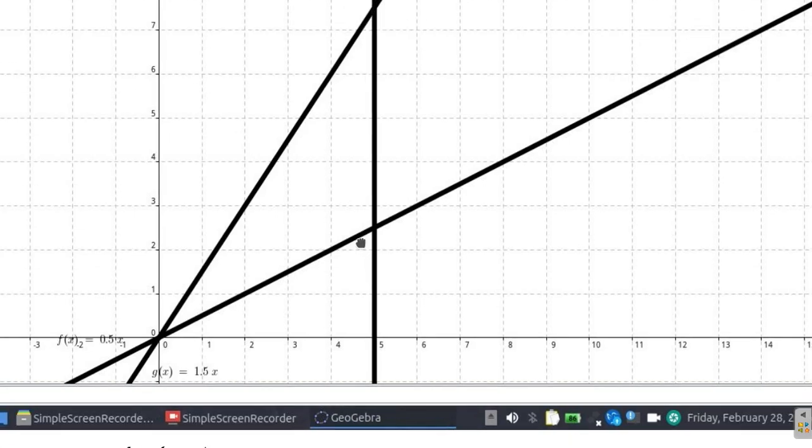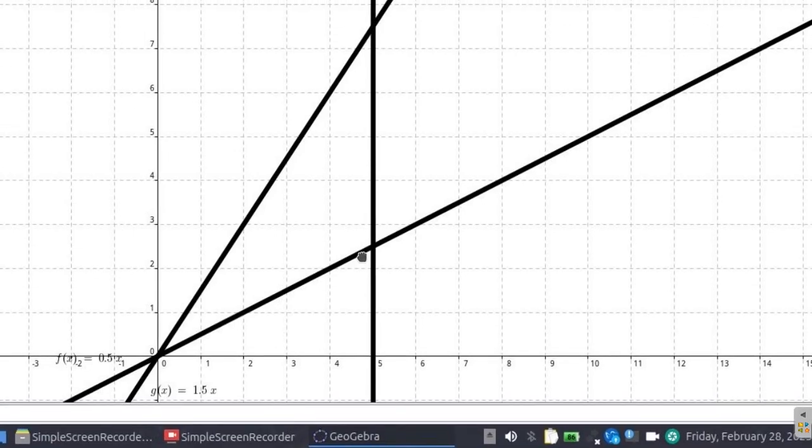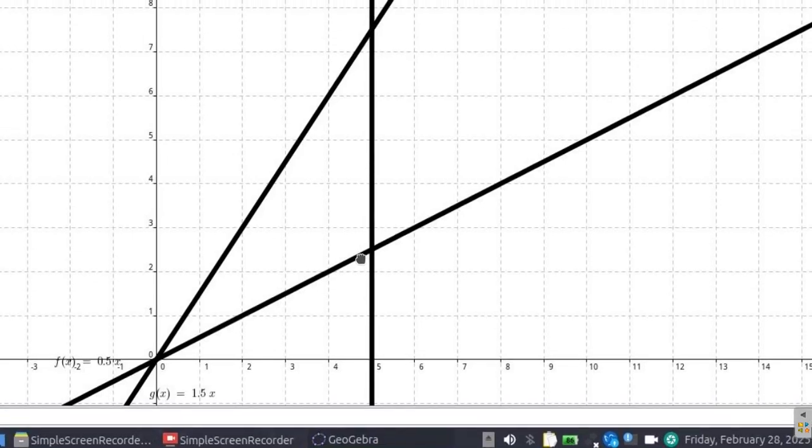Now the thing is, you could very well use half base times height to work this out, you know.